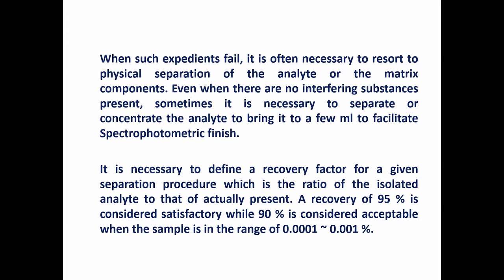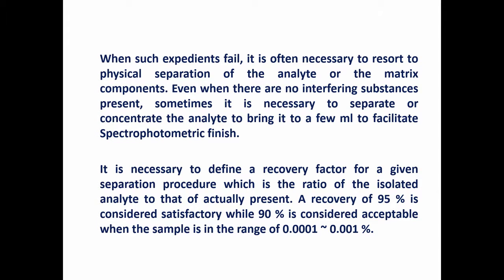I have already referred to the standard addition technique in the spectrophotometry topic when we were discussing instrumentation. So a 90% recovery is considered acceptable. That means it is considered almost 100% accurate when the sample is in the range of 0.0001 to 0.001%.